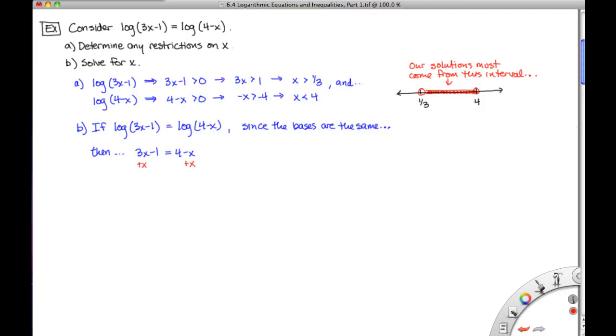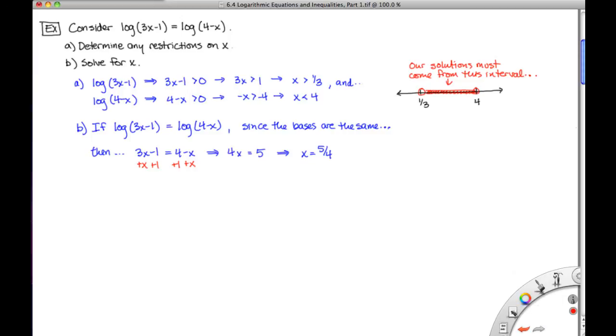So I'm going to add x to both sides. I'm going to add 1 to both sides. And if I do that, I'm going to have 4x is equal to 5, or x is equal to 5/4, so like 1.25. And that would be our solution.